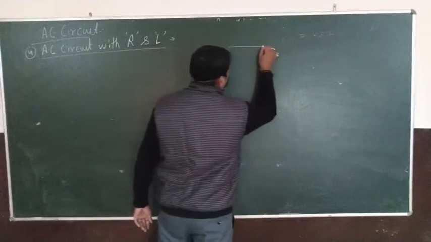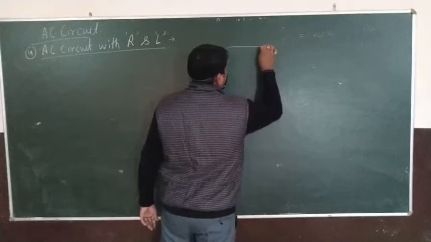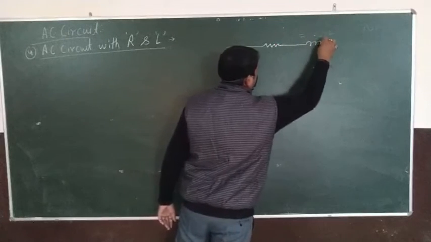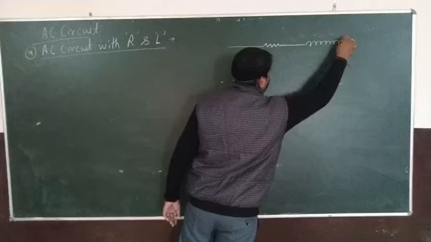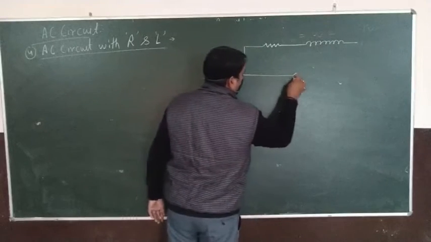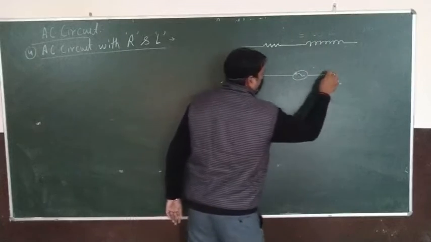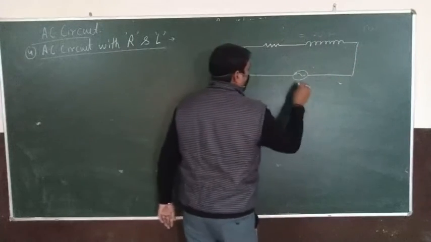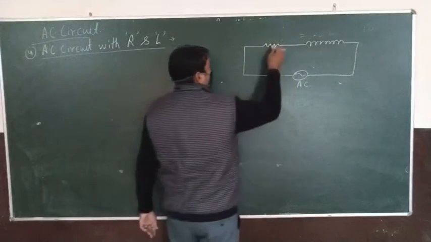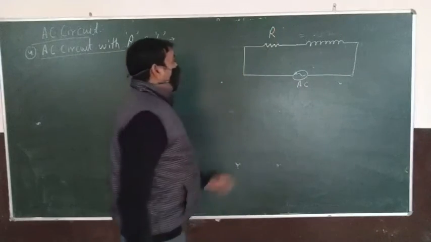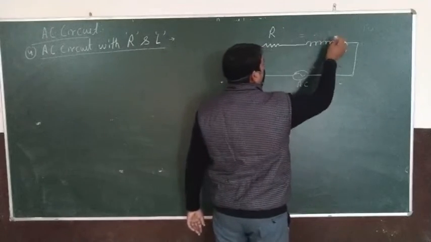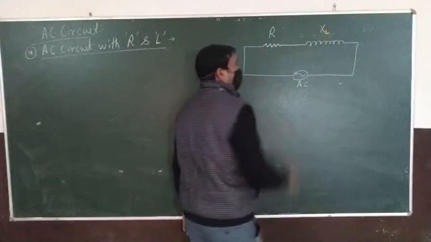Now the AC circuit with resistance and inductance, this is the AC current. Now the resistance of the resistor is R and the reactance of the inductor is XL.